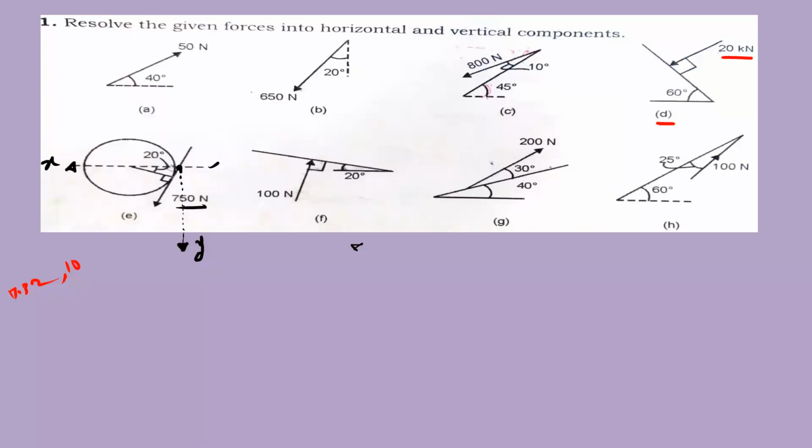If you observe this, this is a right angle triangle, because as the force is tangent to the circle, this is perpendicular, so it is 90 degrees. This angle is 20 degrees, so this angle will be 90 minus 20, which is 70.